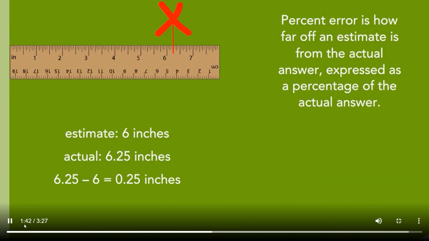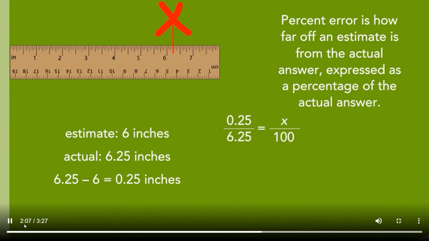While we wait for the referees to deliver their ruling, how do I find this percent error? We can set up a proportion so that the ratio of the error to the actual measurement is equal to a value over 100. Here, 0.25 over 6.25 is equal to x over 100. The value of x is the percent error.